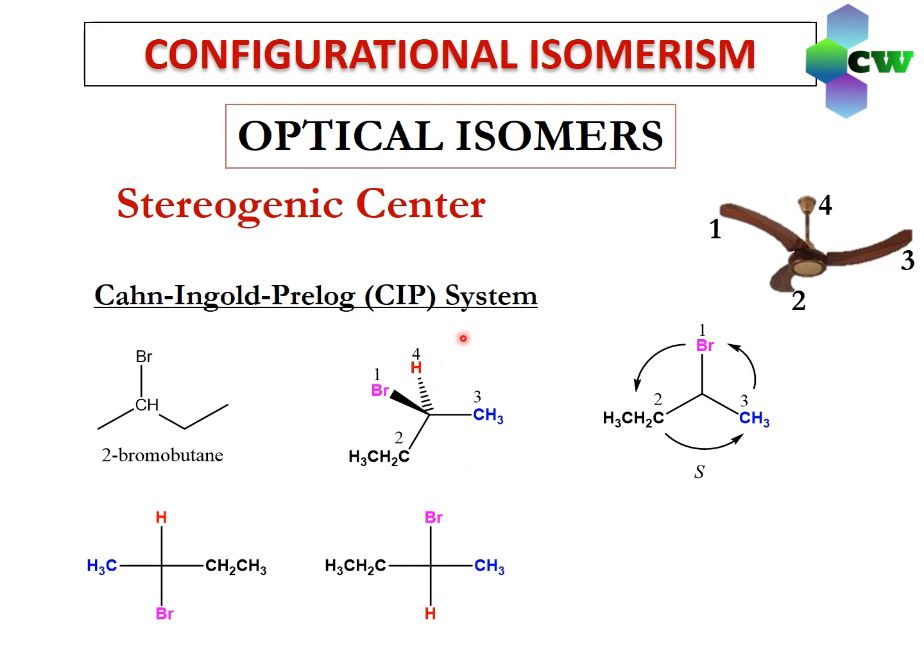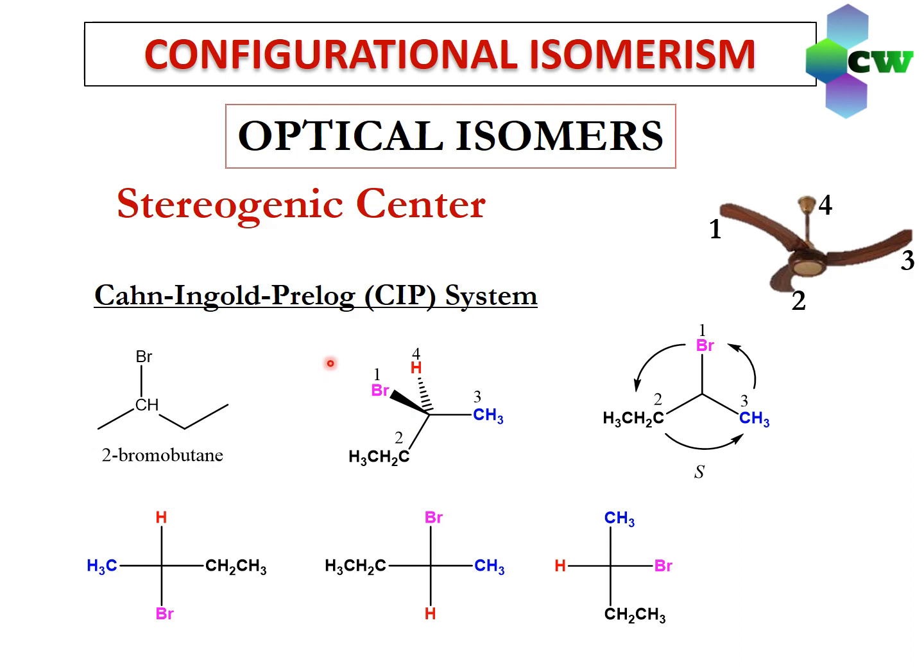Now you can view the molecule from up here from the two directions. So if you are looking at this molecule from this side, from this angle, now you see this bromine as it is drawn with a wedge, so it is coming out of the screen. This H is going into the screen.